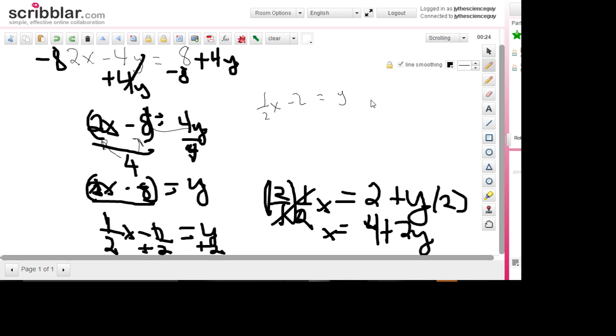That's what I got. If we're trying to find the 0, what are we supposed to do to the y? We need to make y 0. So what would x be equal to then? So if I make y 0, that means this would be 0 here. x would be equal to 4.